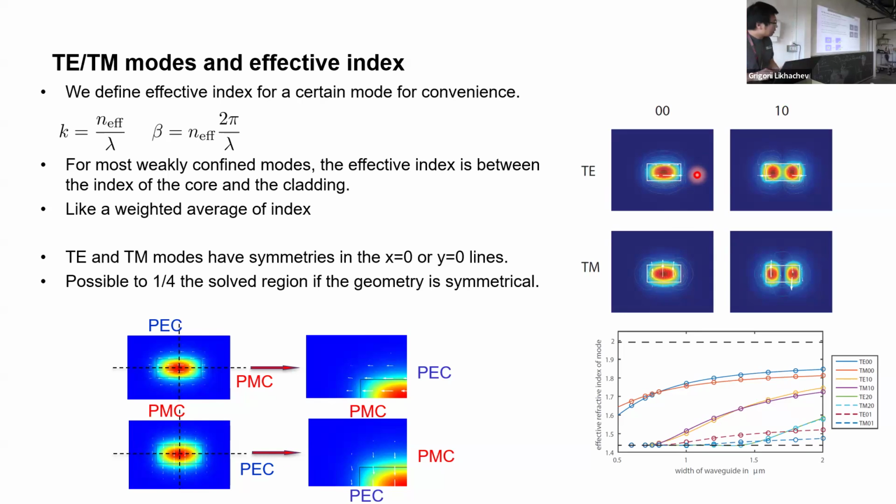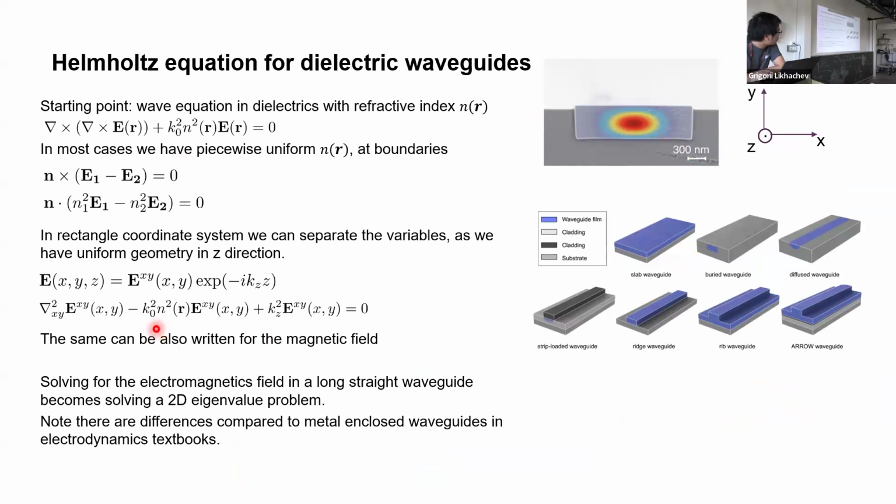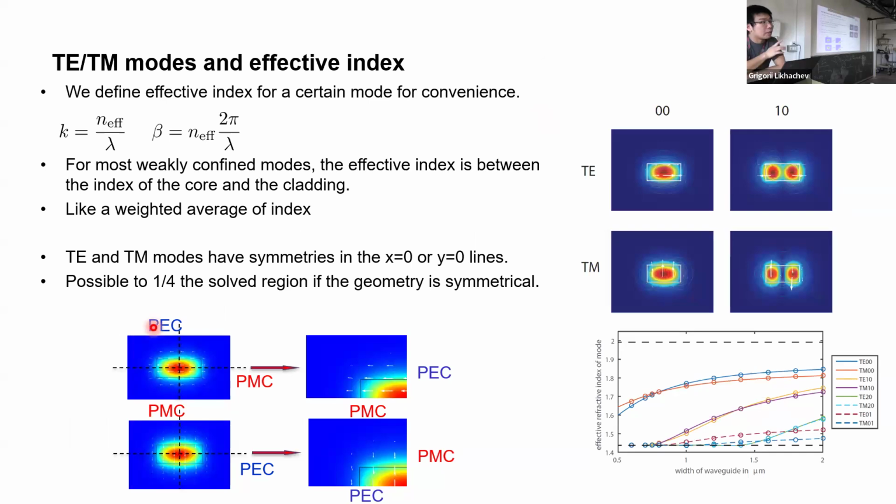And for our convenience, we now define these two parameters, the effective index and the propagation constant, to describe each of these modes. This is basically related to the eigenvalue we solved for, this k0. But k0 has an inconvenient unit because it is proportional to the inverse of the wavelength, which is huge in our common units.